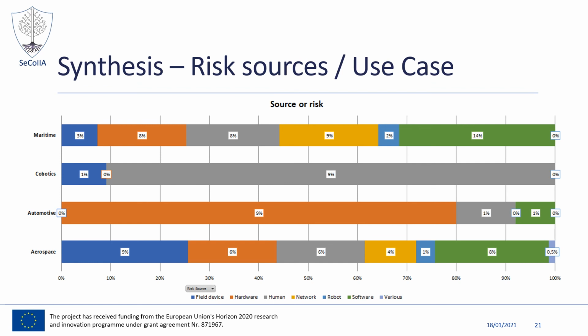But then for automotive and robotics, we found out that most of the risks were coming from different parts. So for the automotive use case, the cloud, the hardware, and the human interaction are mostly the major risk sources. And for the robotics use case, mainly the human is the major source of risk.